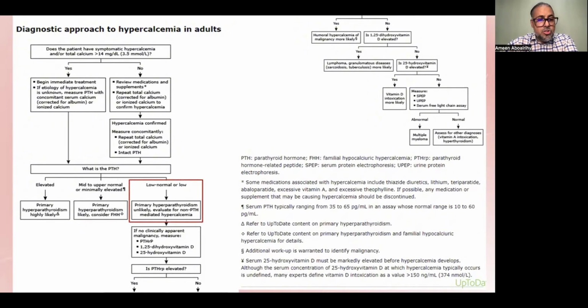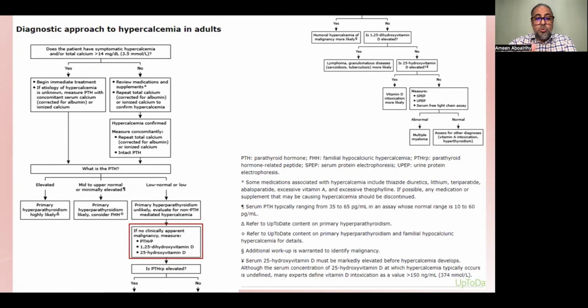If it is low normal or low, then primary hyperparathyroidism is unlikely, and you have to evaluate for non-PTH-related hypercalcemia. If it is apparent, you could say this is most likely malignancy.